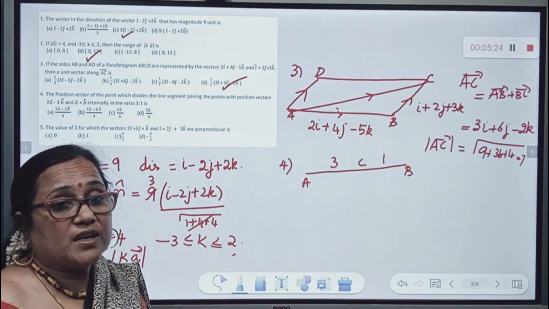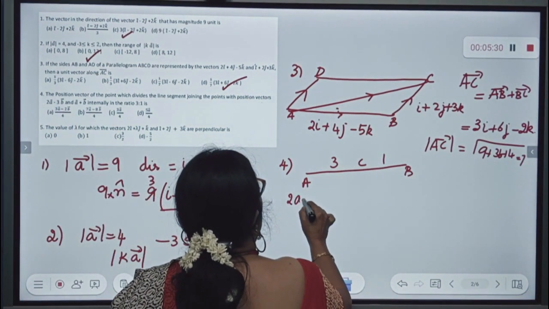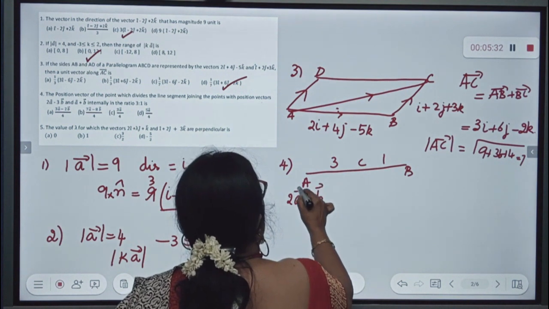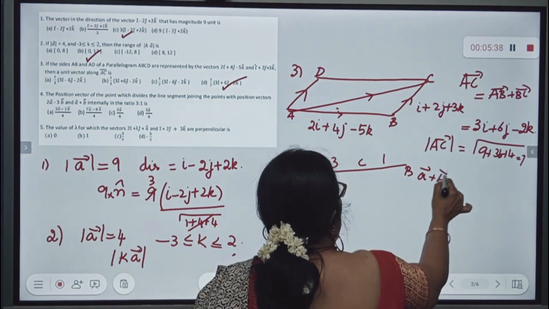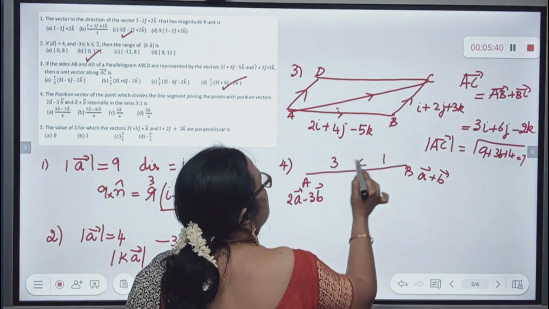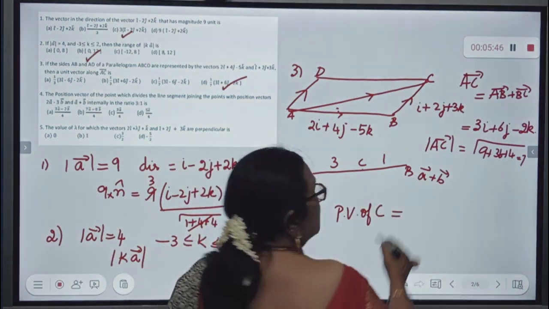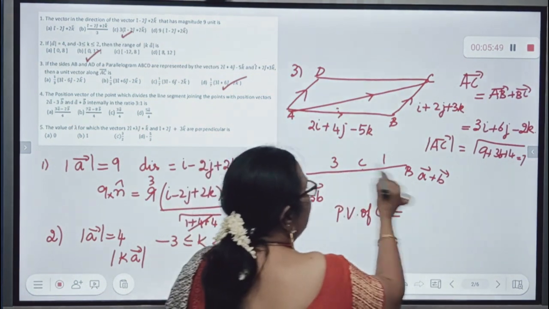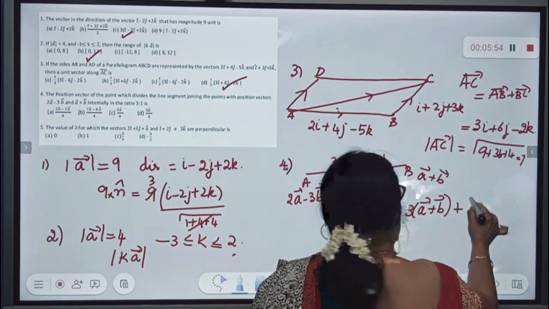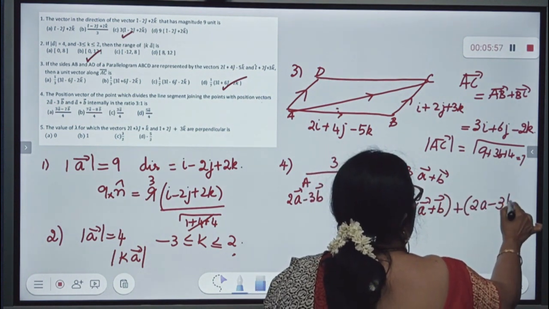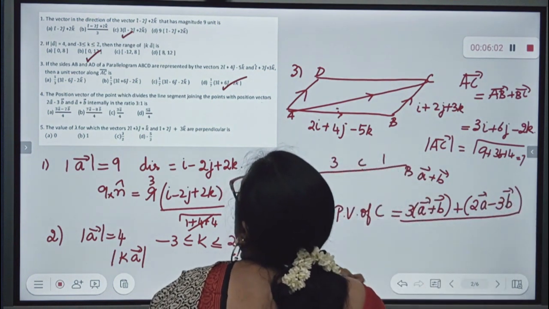Since it is an internal division, the position vector of C will be 3 times (a plus b) plus 1 times (2a minus 3b), divided by 4.